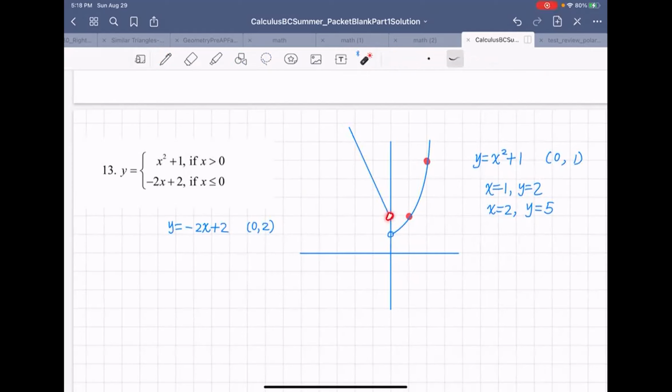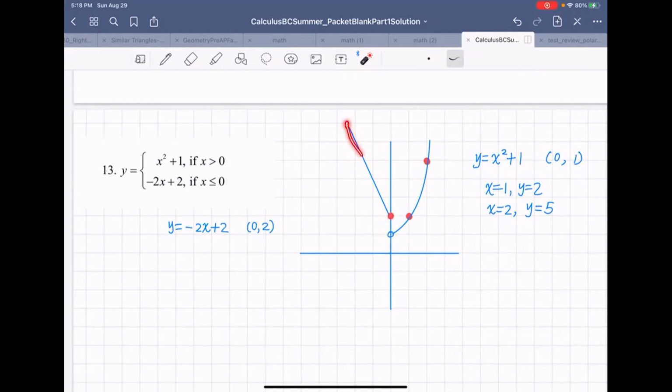This point is not connected with this point, so we call this graph not continuous. Let's keep in mind those kind of hard definitions. Next year we will learn calculus, which talks about continuity and discontinuity a lot, so we introduce the concept here.